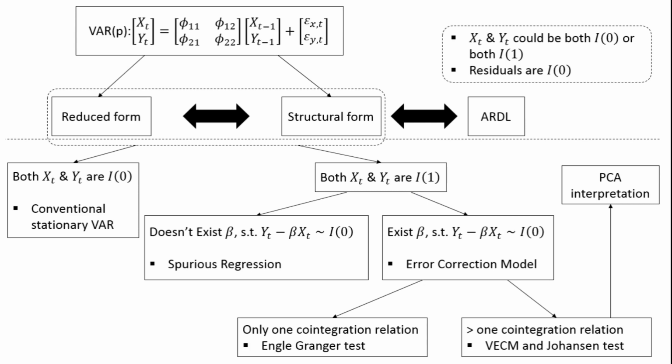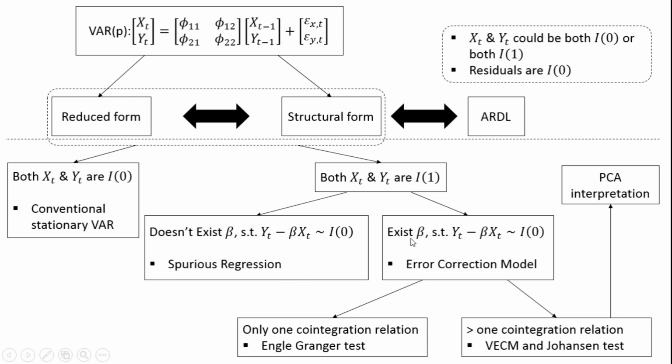We also have the situation in which both XT and YT are integrated of order 1. When there exists a coefficient beta so that YT minus beta XT is stationary, we have a problem of spurious regression.